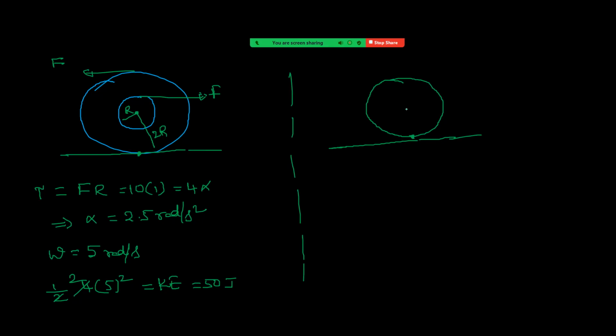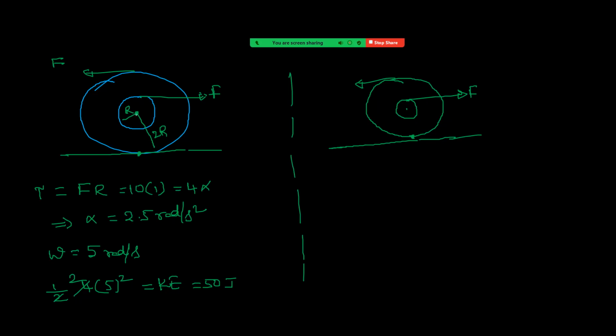Now, because of this applied force, about this point P, because of this force, torque will be about this point. Torque is clockwise, right? And because of this force, about this point, anti-clockwise. See what is now net torque. Net torque about this point means distance from here up to here.